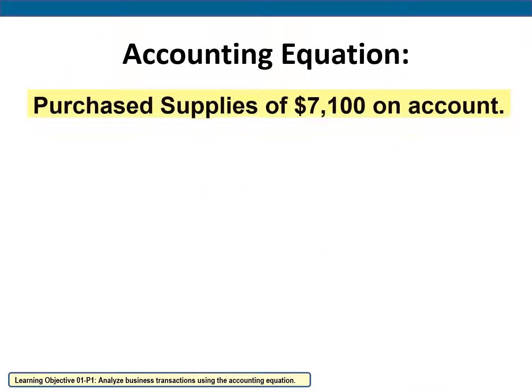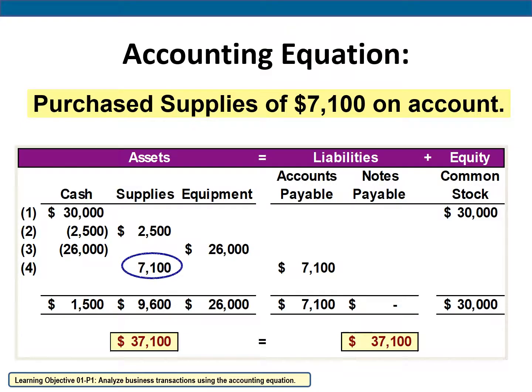In the accounting equation, we're increasing our supplies account by $7,100, and we're also increasing our accounts payable account by $7,100. So our assets are going up and our liabilities are going up as well, and our accounting equation is still in balance.